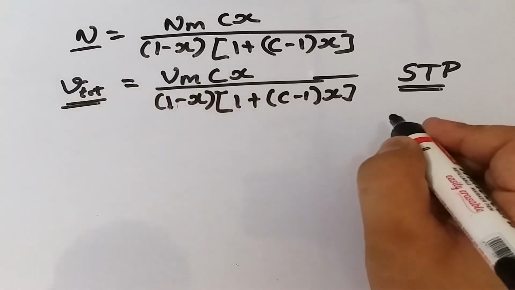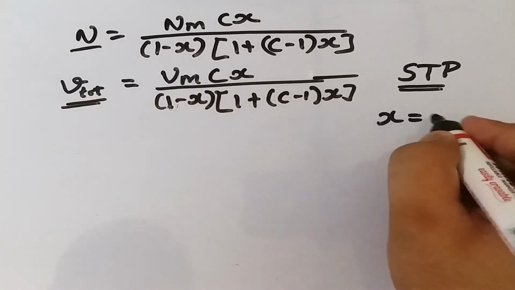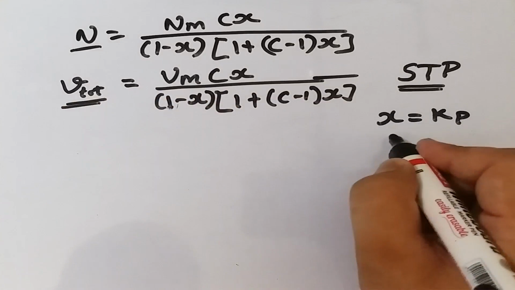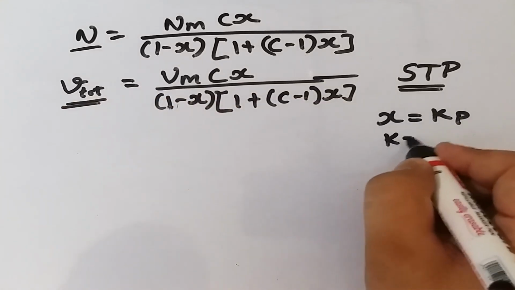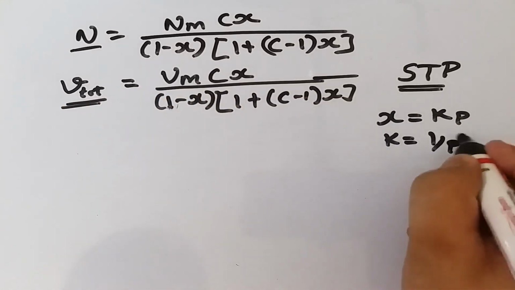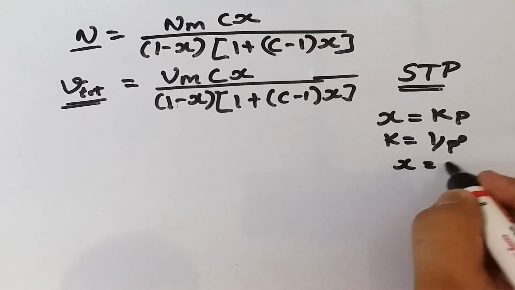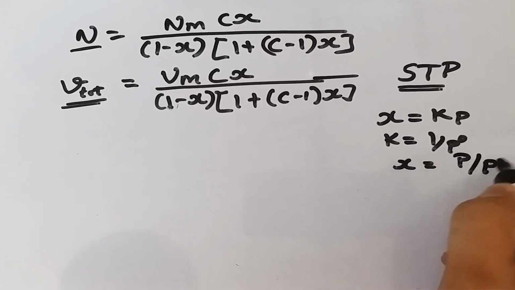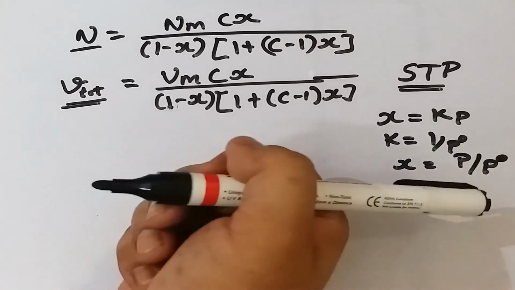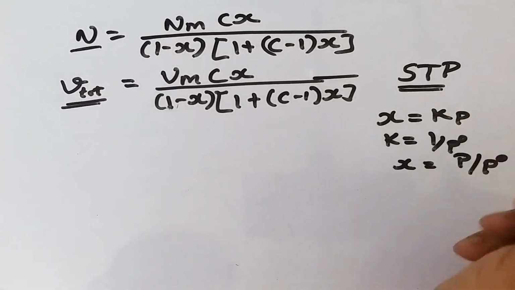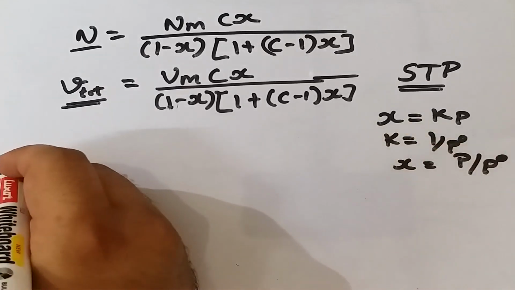Now further we have considered that X was equal to Kp and K is equal to 1 upon P0. So our X will be equal to P upon P0, where P is the pressure of the gas and P0 is the equilibrium pressure.